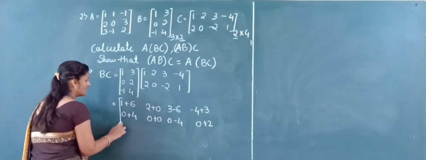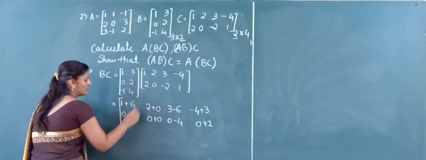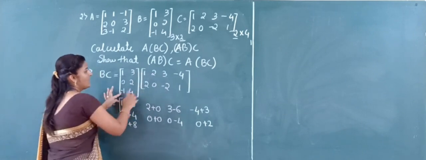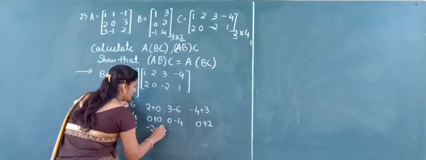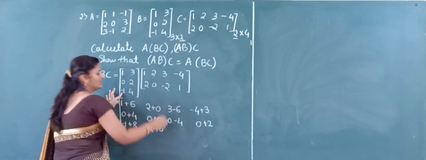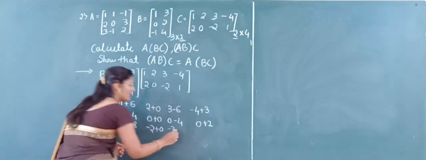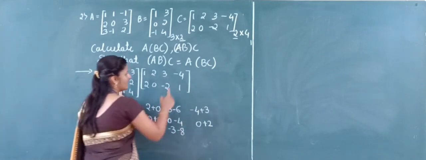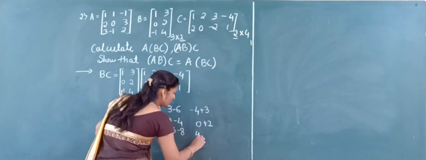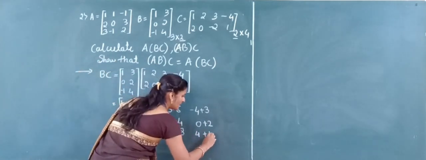With respect to the third row, minus 1 into 1 is minus 1, 4 into 2 is 8. Minus 1 into 2 is minus 2, 4 into 0 is 0. Minus 1 into 3 is minus 3, 4 into minus 2 is minus 8. Minus 1 into minus 4 is plus 4, and 4 into 1 is plus 4.